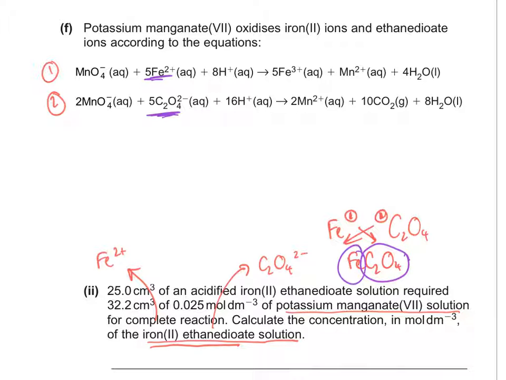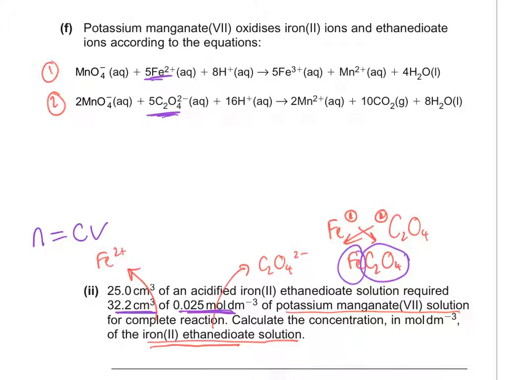But as with any titration calculation, the only information that I have is my titre, and that's where I need to start my calculation. If I want to be able to calculate the number of moles, I need the concentration and the volume of something. And I have the concentration and the volume of potassium permanganate solution.